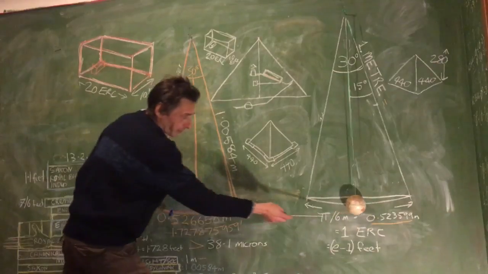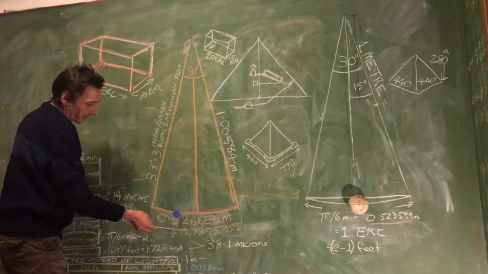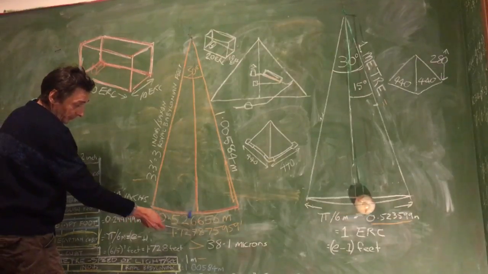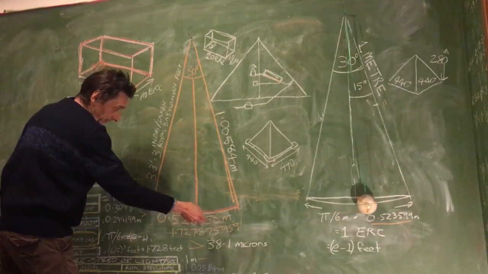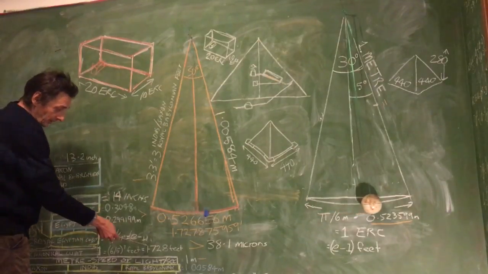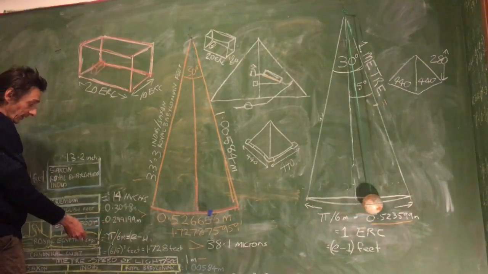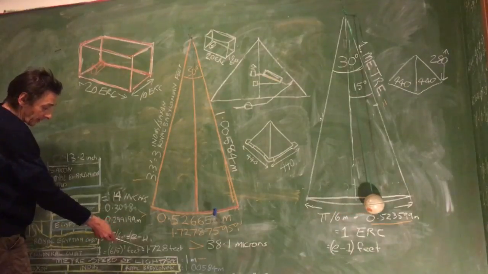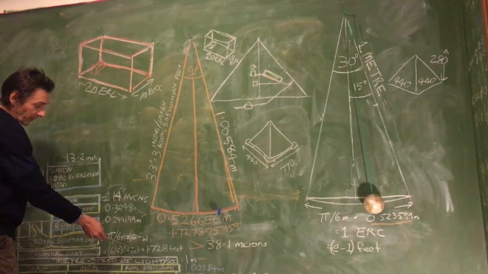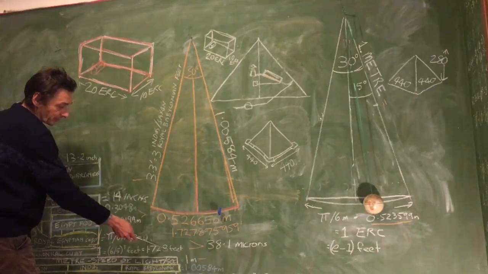So effectively it's pi over 6 meters plus 3 millimeters, which makes it 1.7278759, etc. feet, which is effectively the canonical cubit of 6 over 5 cubed feet, or 1.728 feet.